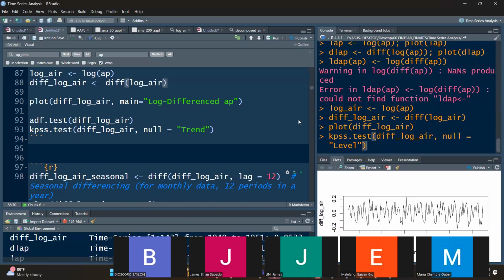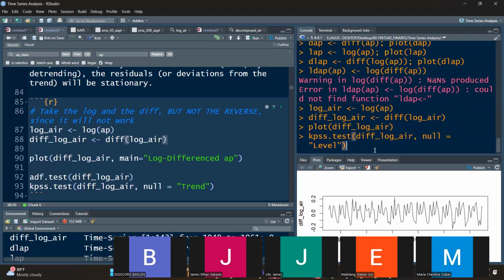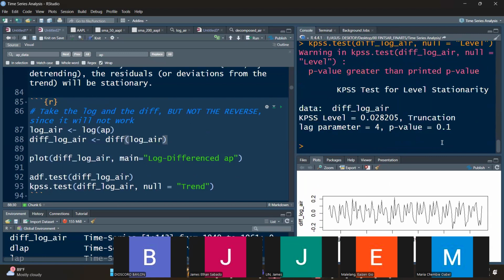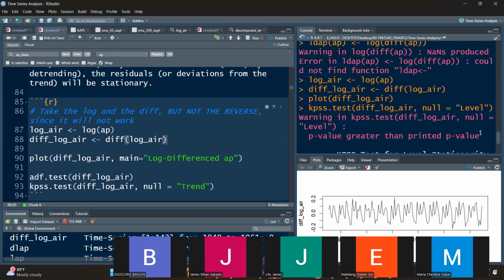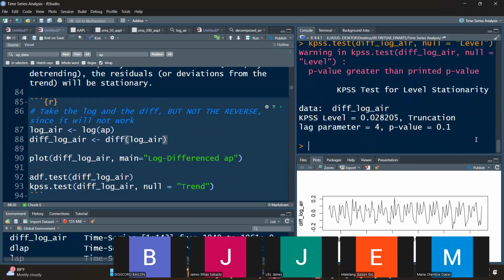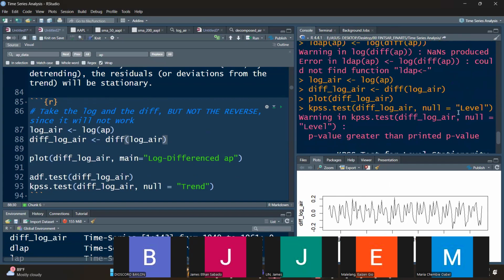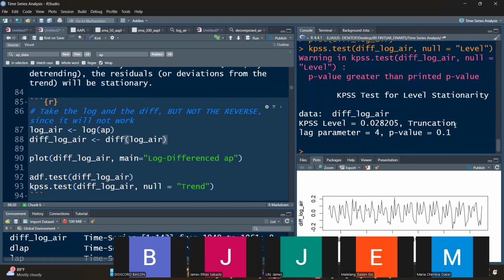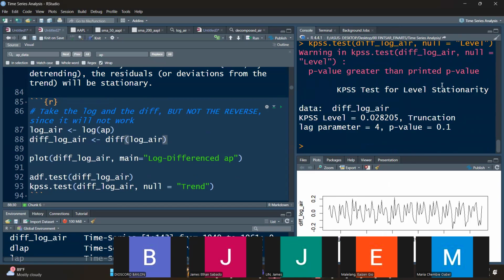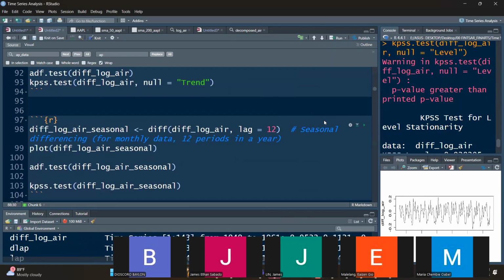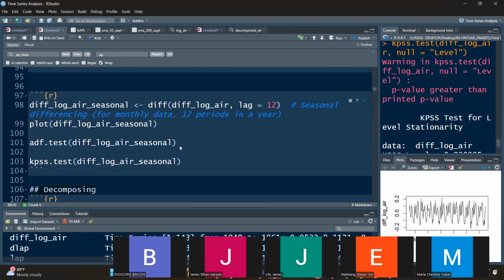Control enter. Take a look at this, class. No trend. See now the p-value. The p-value tells us that we failed to reject the null hypothesis that there is no trend. Null is equal to level. The same thing will result if you use null is equal to trend. For the ADF test, also the same.